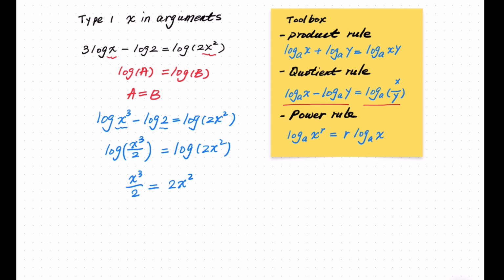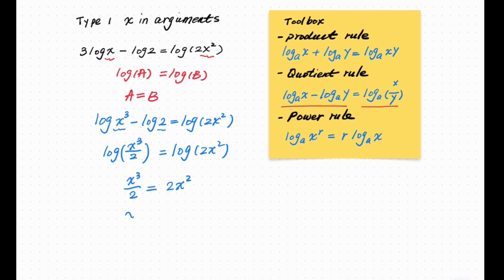Now we have a simple algebraic equation to solve. Let's multiply both sides by 2 to get rid of the fraction. We're going to have x cubed equals 2 times 2x squared. Then we get x cubed equals 4x squared.